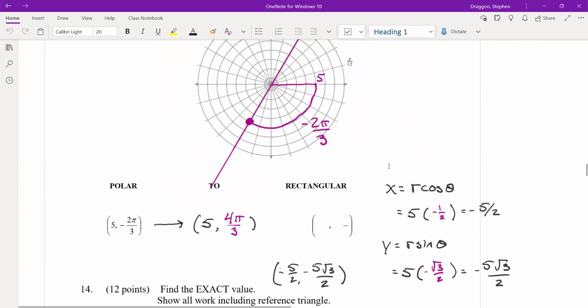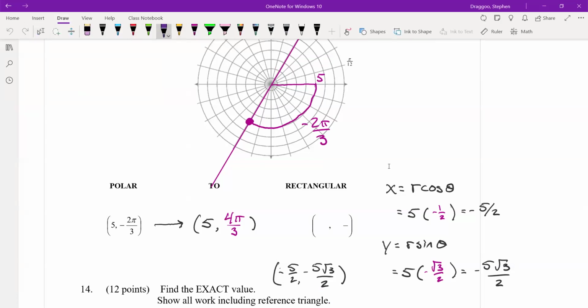We found that it was at a rectangular coordinate point of (-5/2, -5√3/2). So over in the third quadrant, if we were to have just traced that out in rectangular points, that means we would have been going 5/2 units to the left, and then 5√3/2 down.